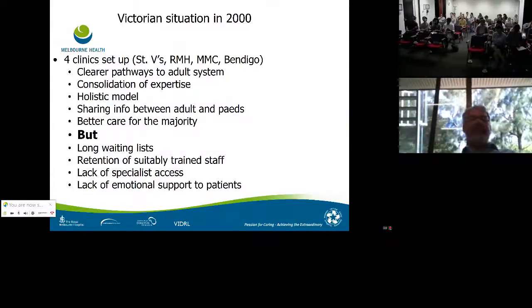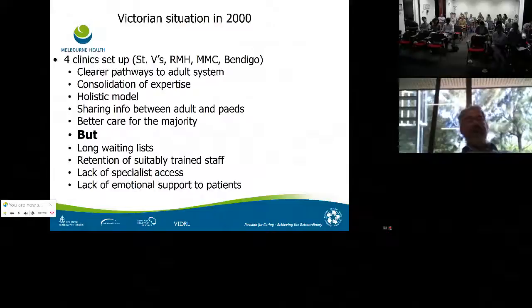to look at making the pathway from paediatrics to adults much more appropriate, to consolidate expertise, to provide a holistic model of care in association with the GPs, to have much better information sharing between adults and paediatrics, or more the paediatrics than adults.